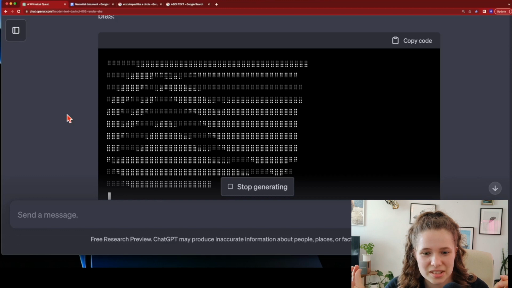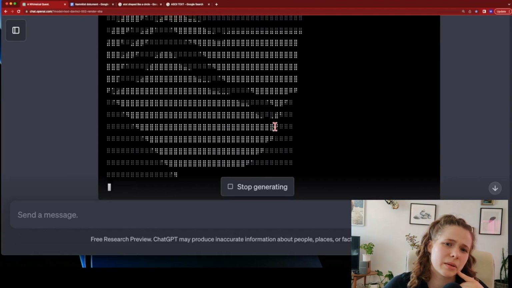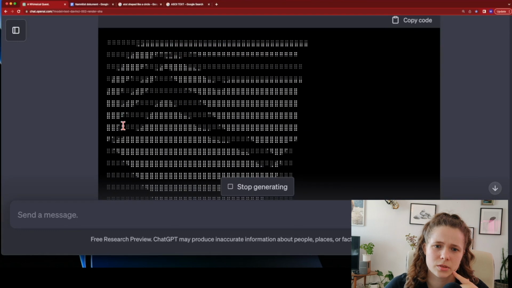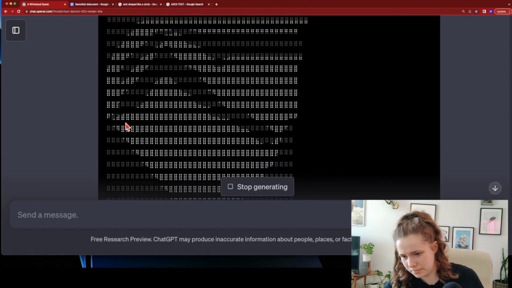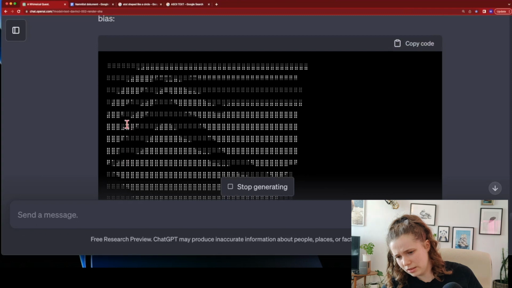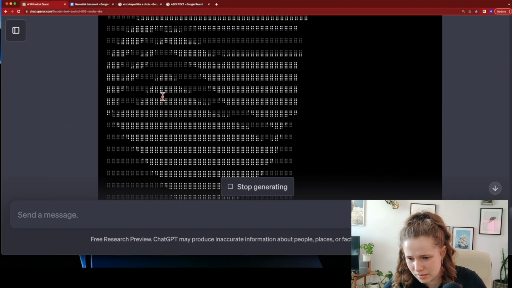I feel like I just need to come up with the perfect word or the perfect prompt that makes ChatGPT understand what I'm talking about. I'm not sure it looks like a brain yet. Or does it? Maybe I need to back up a little bit. It looks creepy. How is this a brain?